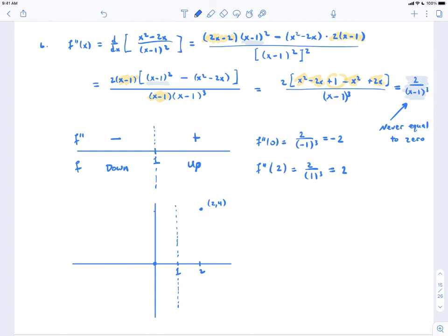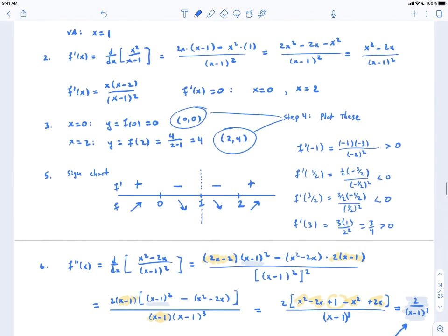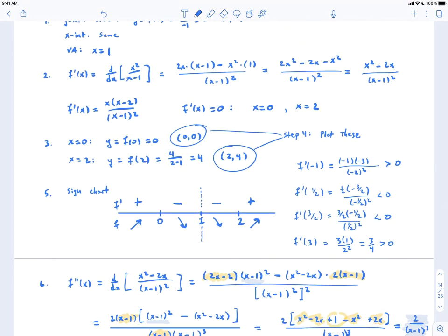And what do we know? We know that there's a local maximum at 0 and a local minimum at 2. Well, let's just double check that. If we go back here, we can see that at 0 there's a local maximum. It's looking like that. And at 2 there's a local minimum.